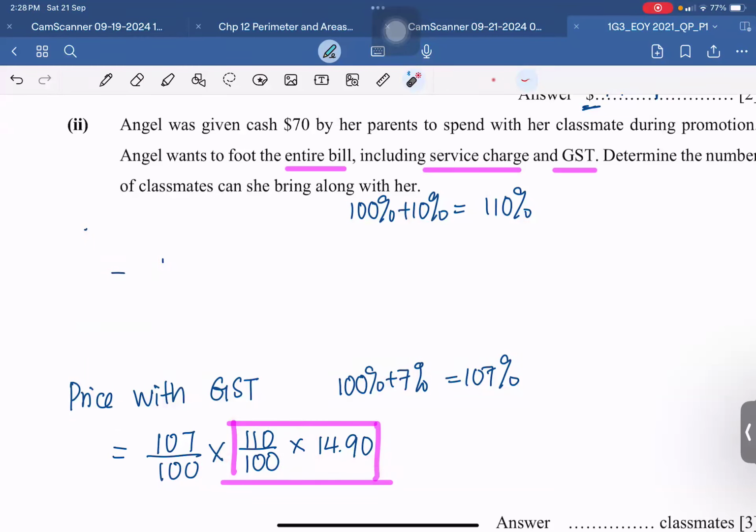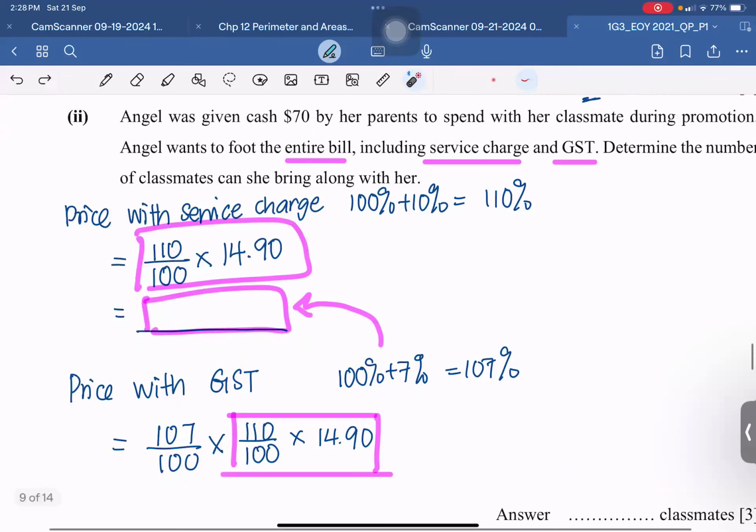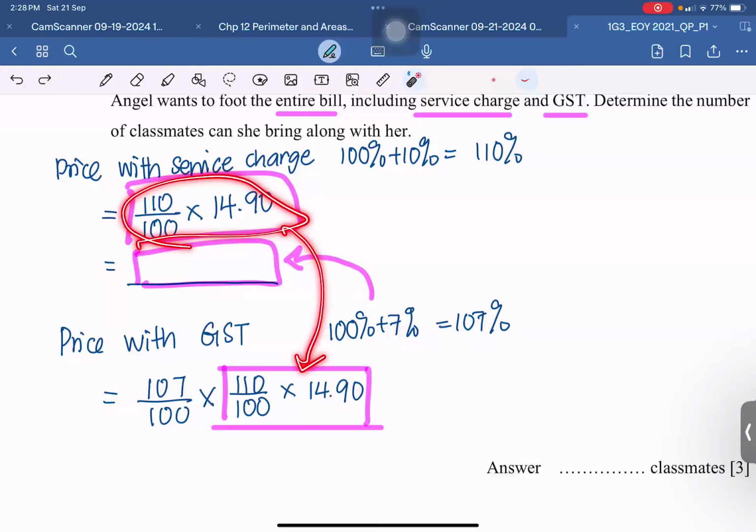Those of you who already understand the concept and want to make your working faster, you can do this shortcut. If not, then you can do this one over here. Find the price with the service charge first, so 110% of your original. Then after that, use the same number, calculate the GST 107% of the number now.